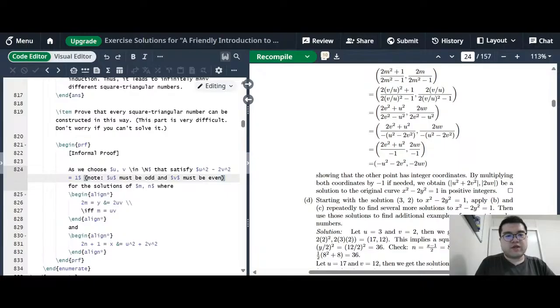Now the proof of this, we can go back to chapter 2 and we can see why u has to be odd and v has to be even in this case.